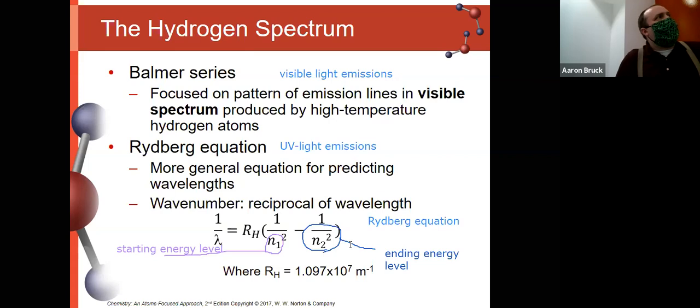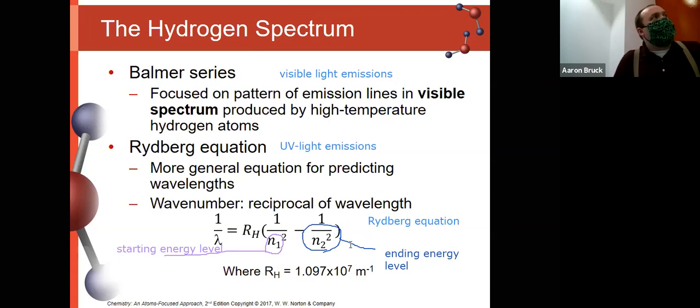So if we look at those perspectives, what we can see is that when we go from one energy level to another inside of the hydrogen atom, we can predict the wave number of light, which is directly related to the wavelength, which we can then tie into frequency and energy.